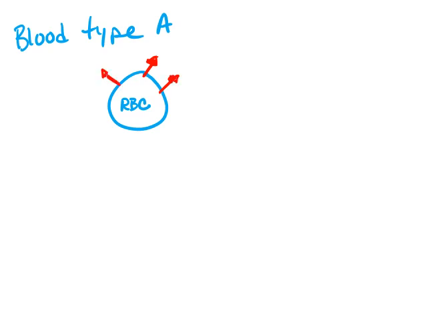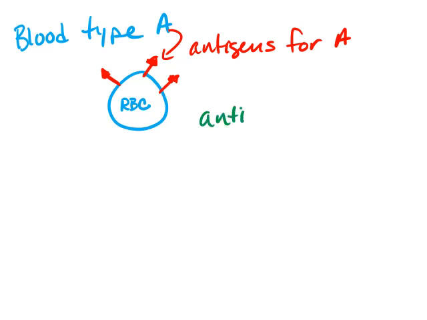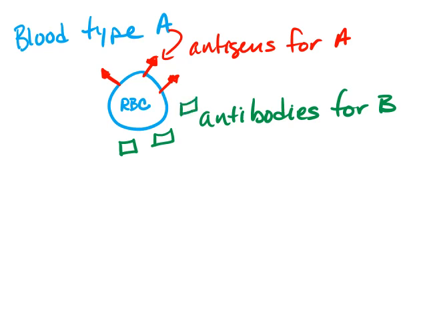So if I'm blood type A, I am making antigens for A. And then we said you also have antibodies for B. So over here, you have antibodies floating. Again, I'm no artist, right? You have antibodies for B, so we call them anti-Bs.